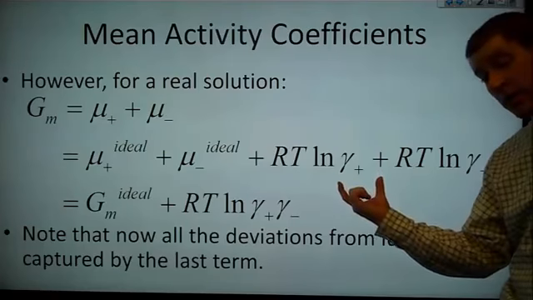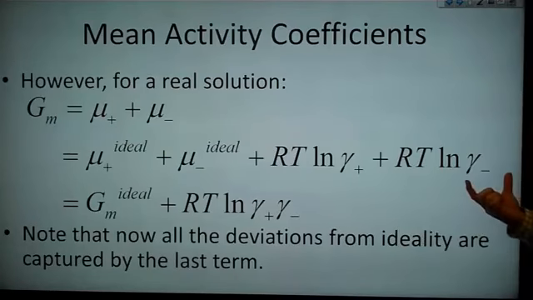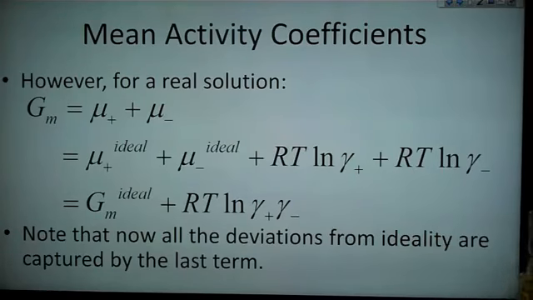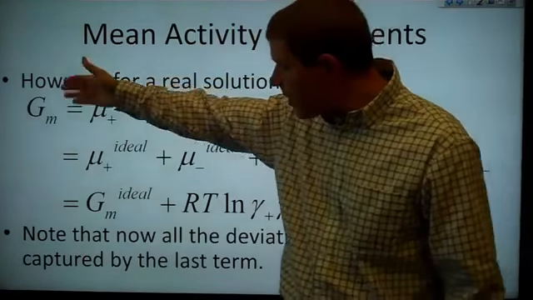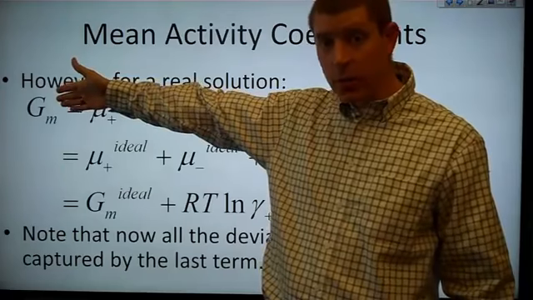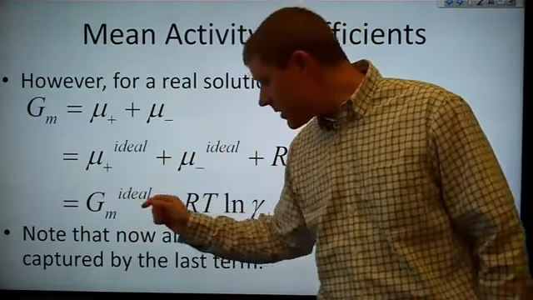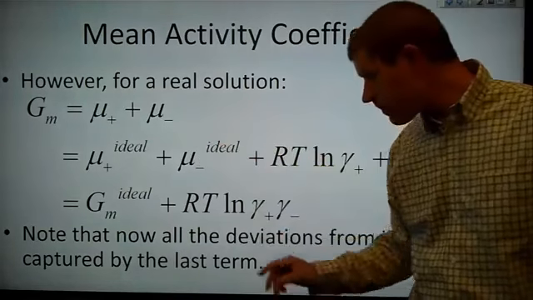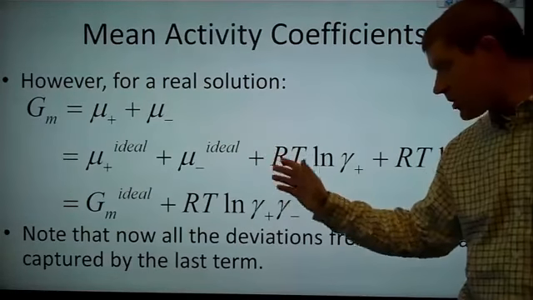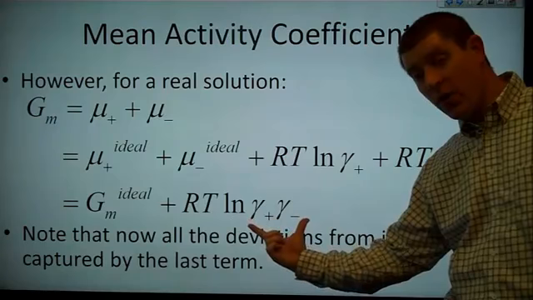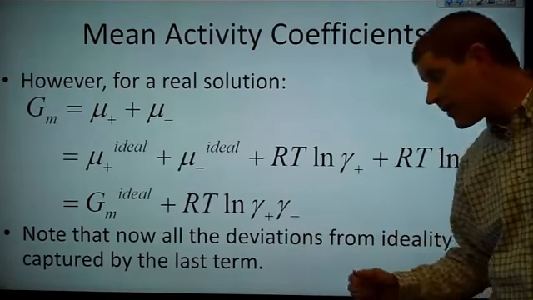So in this case, the activity coefficient of our cation, and in this case, the activity coefficient of our anion. And then we can combine these two RT natural log terms. And so now our real molar Gibbs energy is equal to the ideal molar Gibbs energy plus R times T times the natural log of the product of our two activity coefficients for our cation and anion.